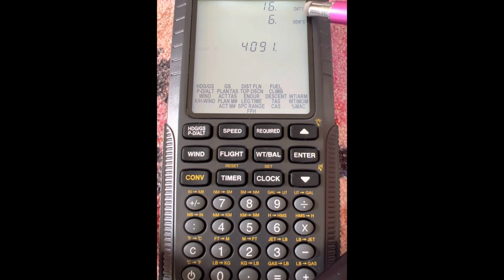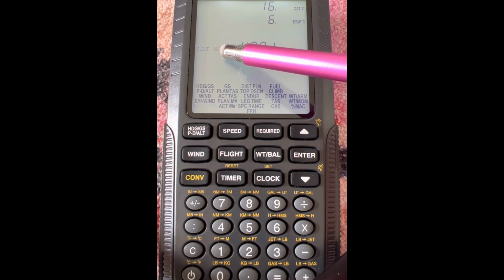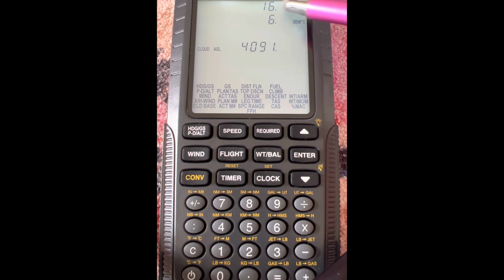Right now it's assuming it's at ground level, but if this was at 1,000 feet, this should say above 1,000 feet. It doesn't. It's always going to say AGL, but it should say above this temperature reading. So wherever this temperature reading was taken, this is the cloud height above it. Hopefully that makes sense. So if this was taken at 1,000 feet or 2,000 feet, this would be above that 1,000 feet or 2,000 feet, whatever it is.